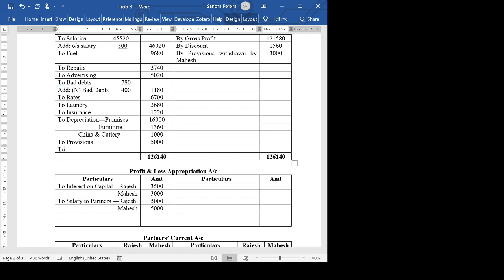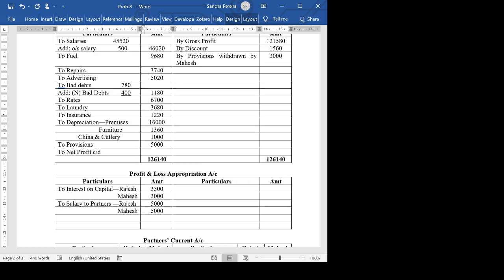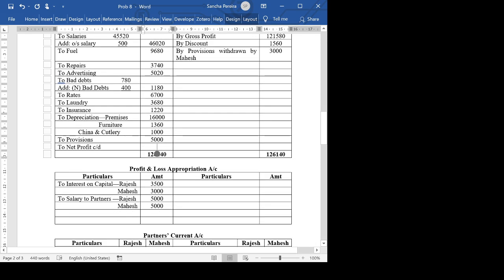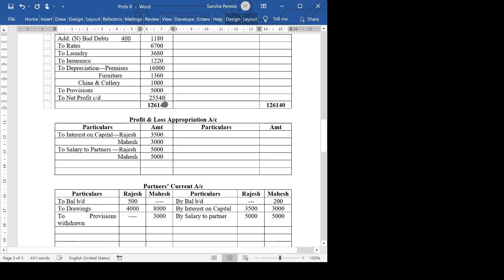To net profit carried down, that comes to 25,540. Okay. Now bring down this net profit in the appropriation account, by net.